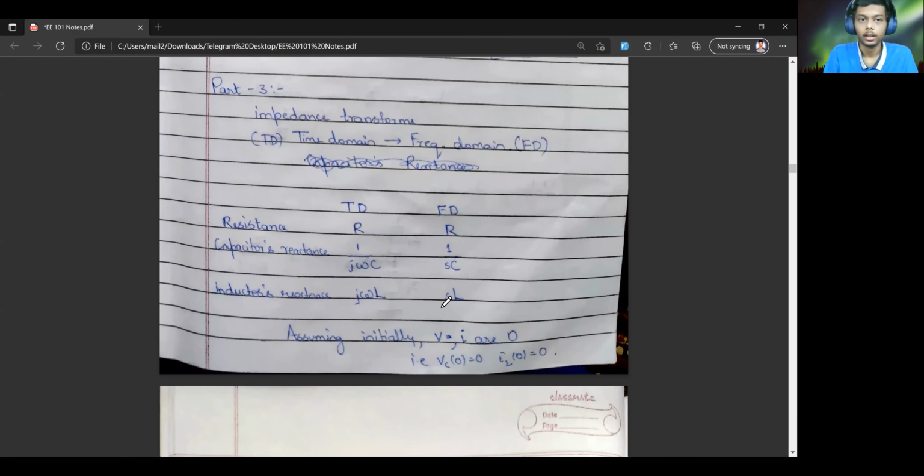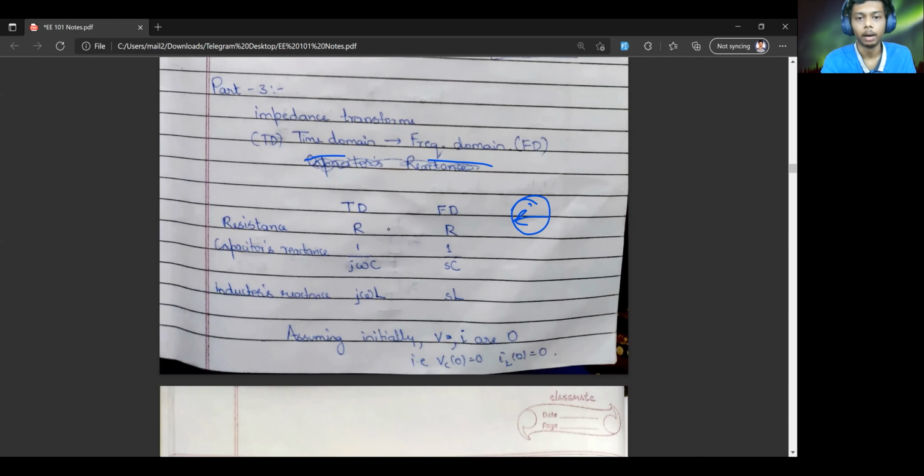Now, let's go to part 3. Here we study impedance transforms, where we calculate what the reactance of capacitors and inductors are. We use Laplace transforms to move from the time domain to the frequency domain.